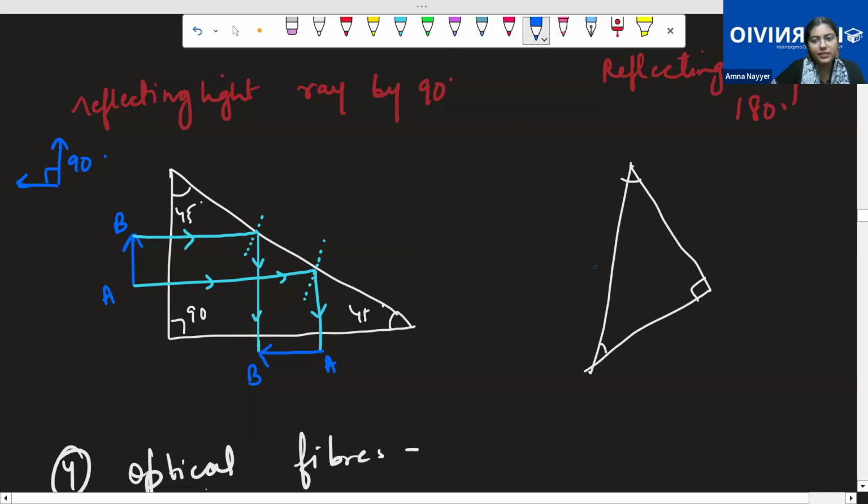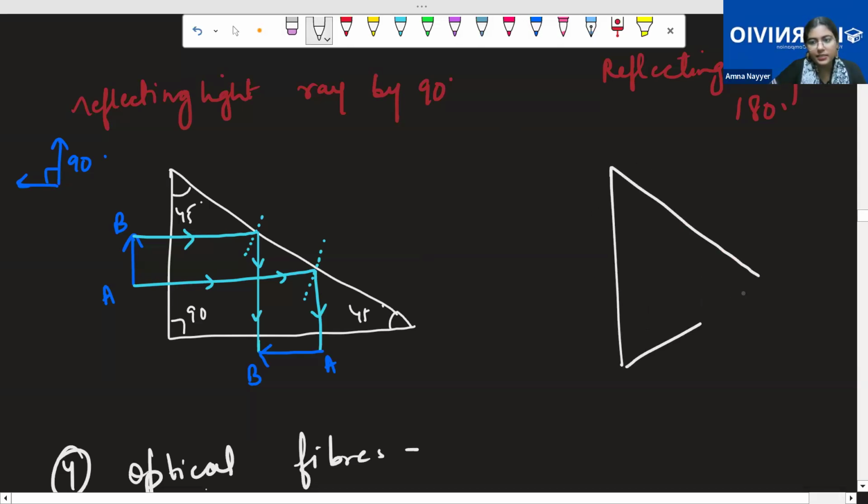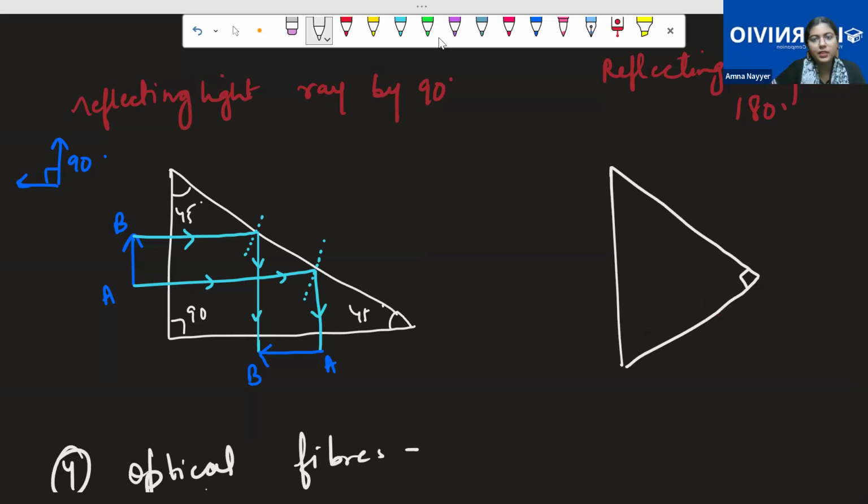See, on this surface, this is the right angle prism. Here, if I take the object, this is A, this is B. Light rays come.